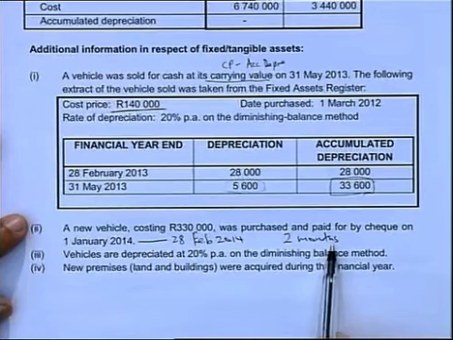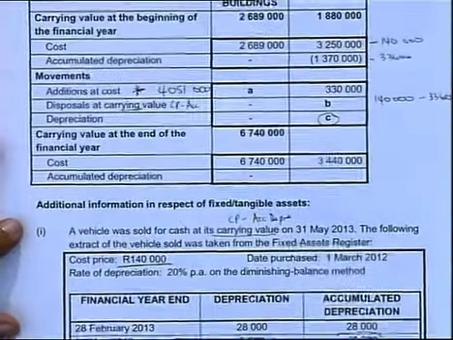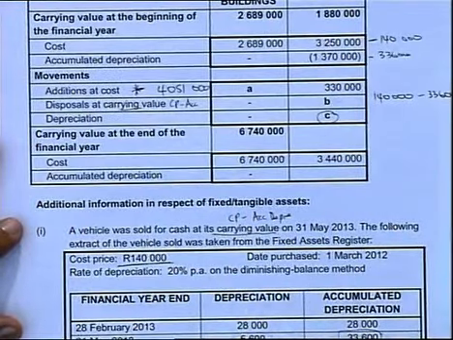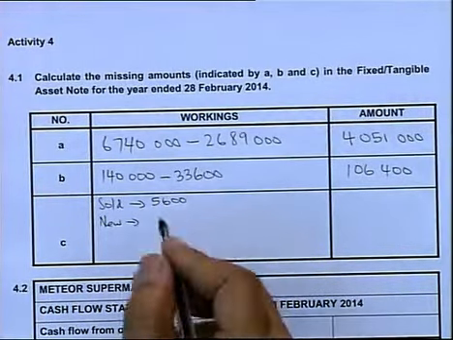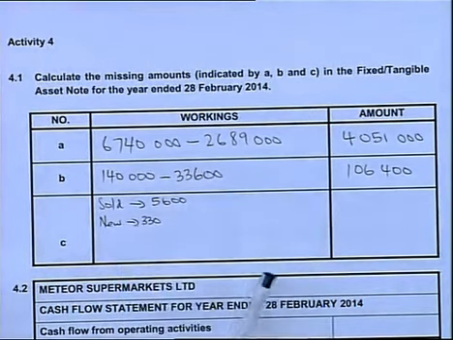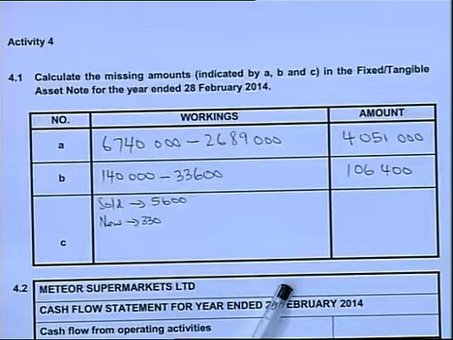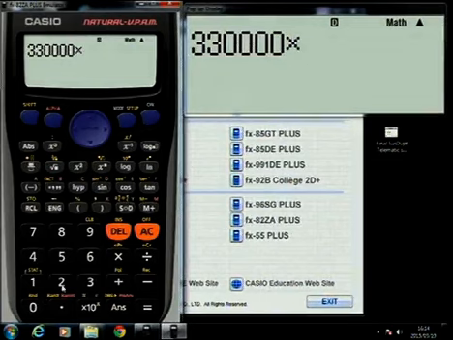Because we only have it for 2 months, we have to write off depreciation only for 2 months, but because it's new, we will have to take it on the cost price and not the diminishing balance. So for the new vehicle, it's going to be 330,000, which I show on the calculator, times 2 divided by 12.